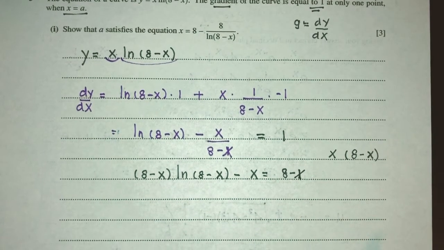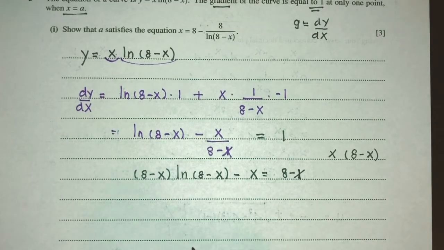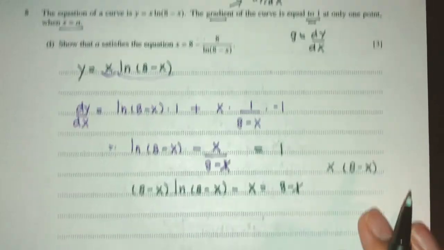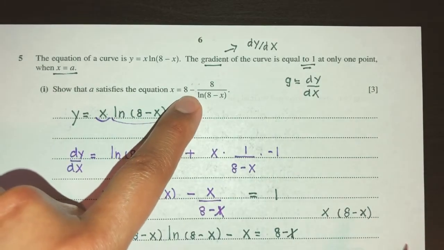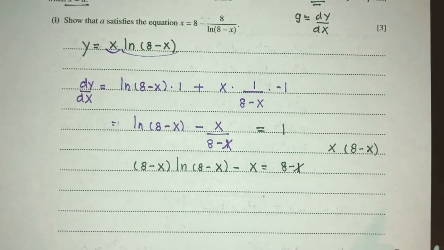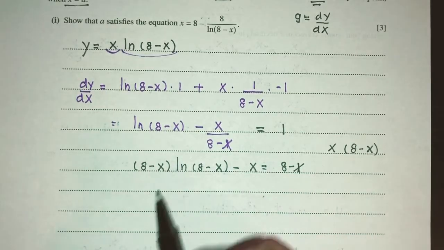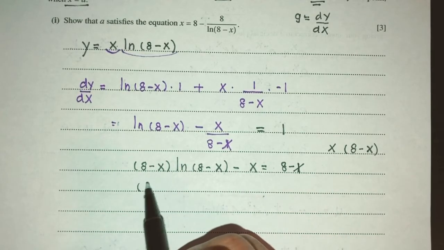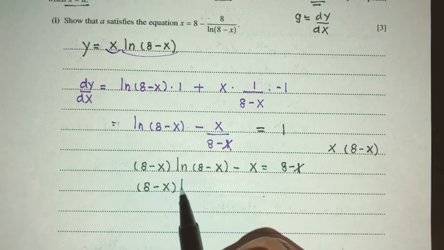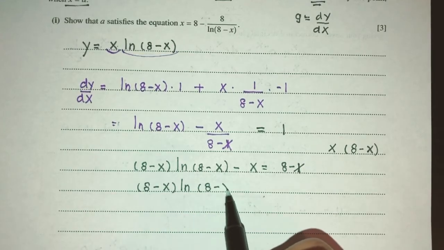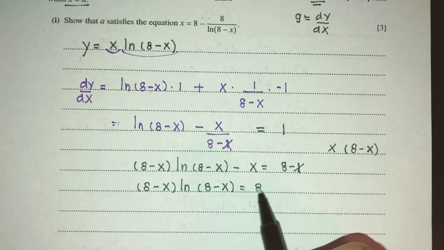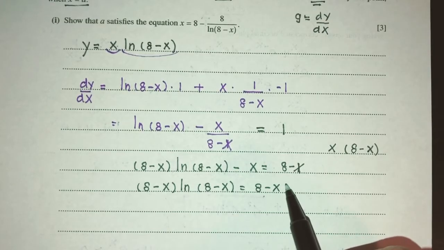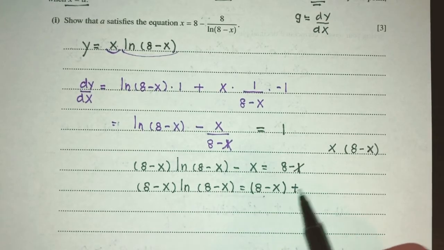What can we do here? Because here we have to prove that x is equal to this, let's see how we can make x the subject of the formula. So I will bring this value here. You will have 8 minus x ln of 8 minus x is equal to 8 minus x, and then here we have plus x.